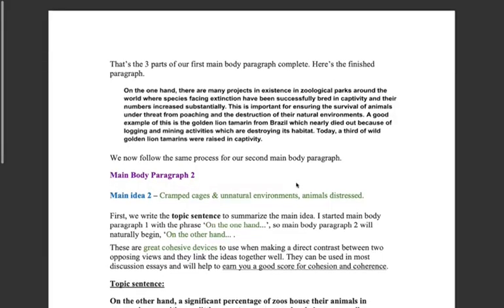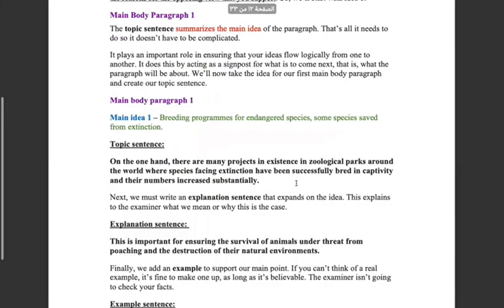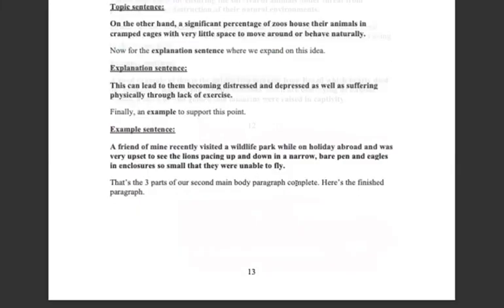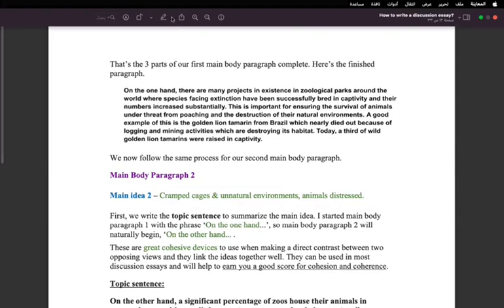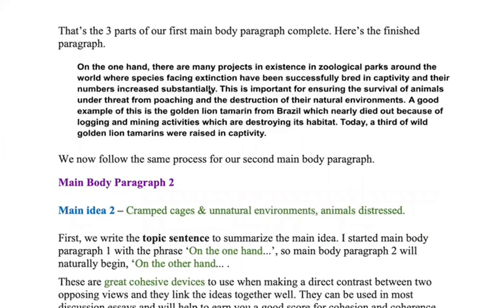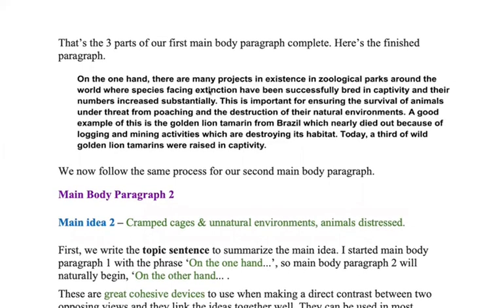Sorry, I missed the page. Okay, so here we are. That's the 3 parts of our first main body paragraph complete. Here is the finished paragraph. So let's see it. When you say on the one hand, that means you are talking about one view, and you are going next to talk about the second view.